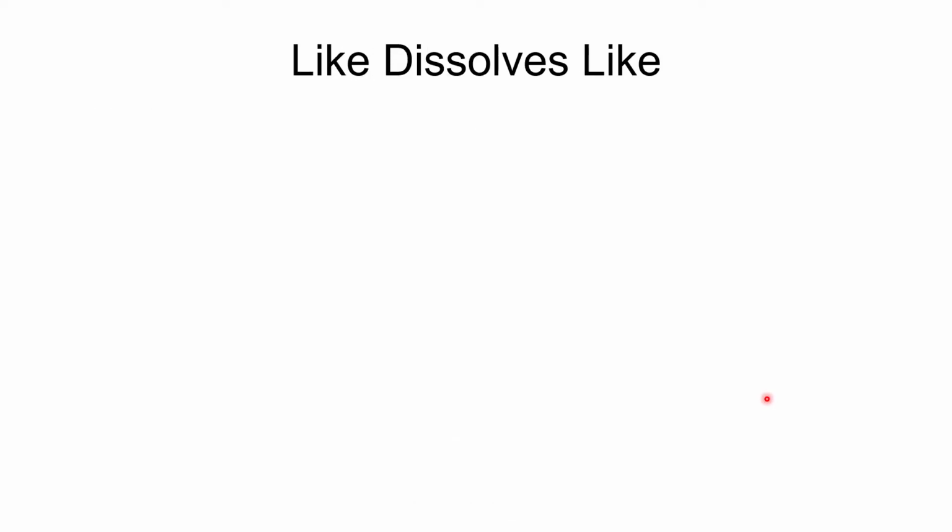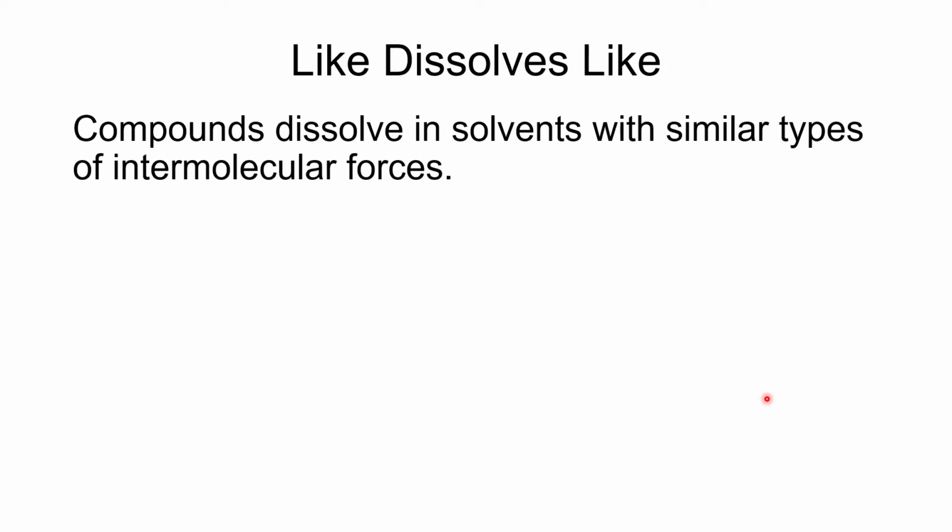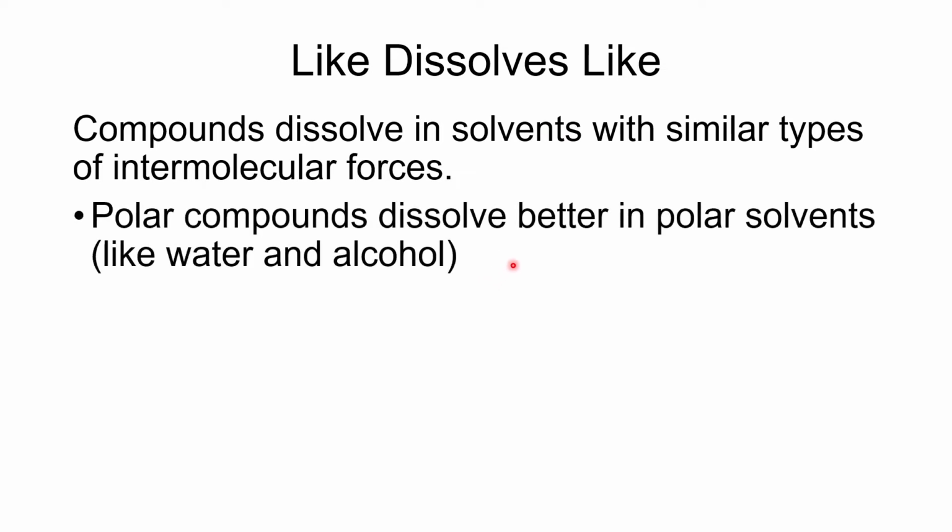The rule that we like to use is a simple phrase: like dissolves like. So compounds that have similar polarities tend to dissolve each other. Compounds in solvents with similar types of intermolecular forces will dissolve other things with similar intermolecular forces. In other words, polar compounds tend to dissolve better in polar solvents, like water or alcohol.